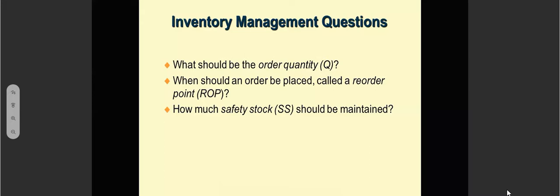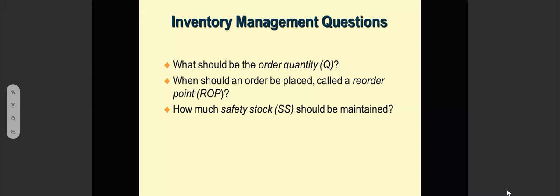And we also need to determine how much safety stock should be maintained in order to mitigate the uncertainty that is created from customer demand, and also from the uncertainty in lead time.